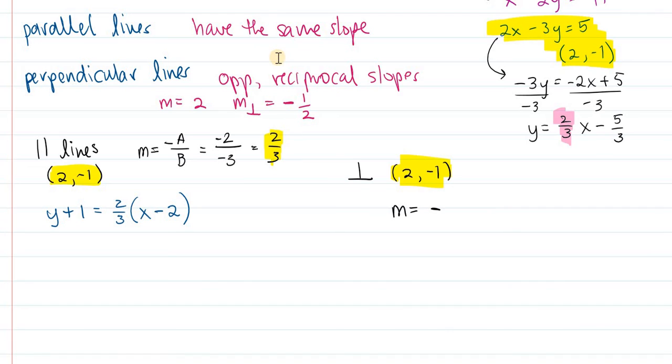And then flip this fraction, reciprocal would make it 3/2. So now we have our point and our slope. We can use point slope form: y minus -1, which is y plus 1, equals -3/2 (x minus 2).